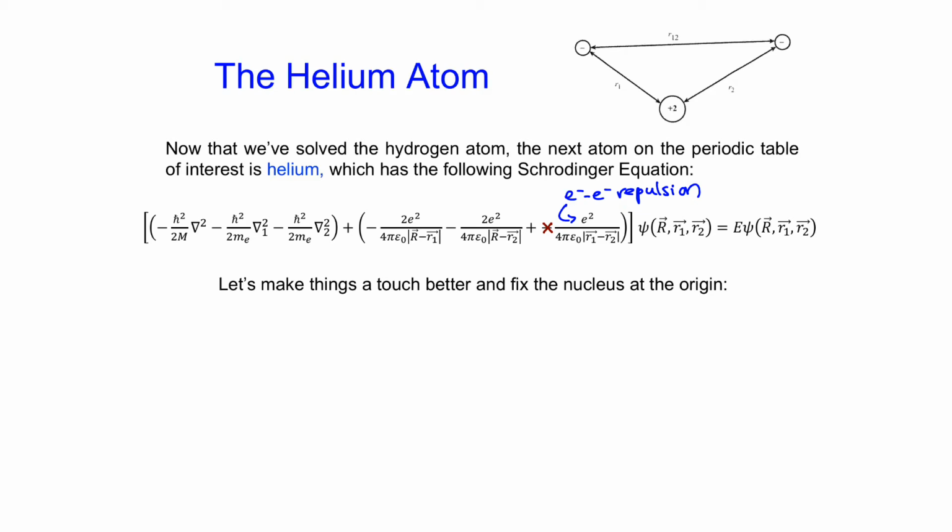You may have encountered the Born-Oppenheimer approximation before. It's a similar idea to that, so we'll talk about that more later. But again, we are just assuming our nucleus is much heavier than the electron, so it stays fixed.